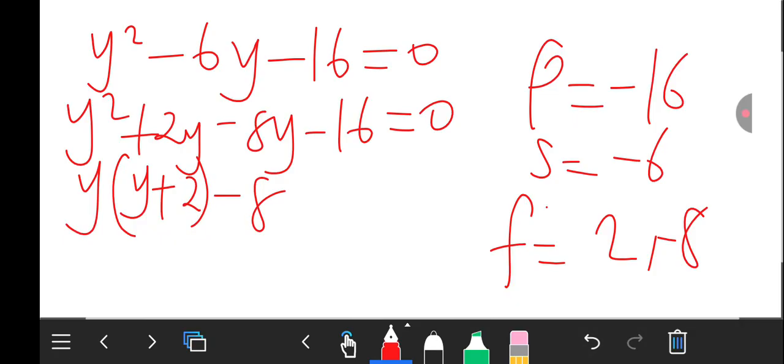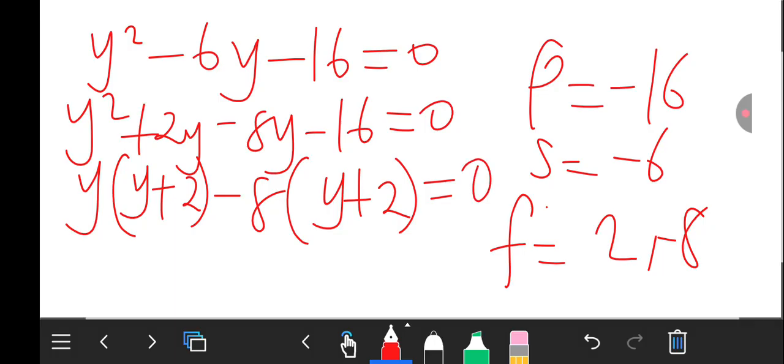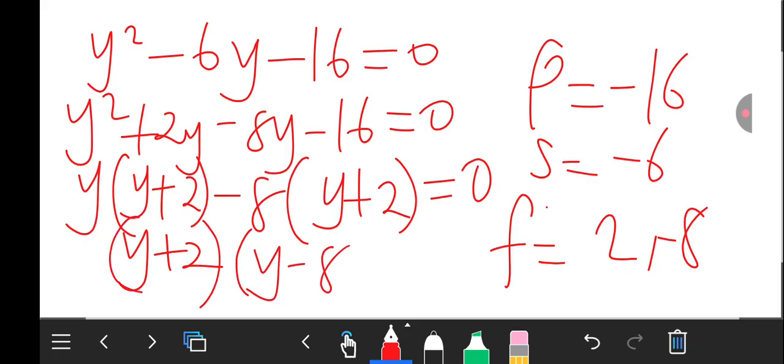Then minus 8 times y plus 2 is equal to 0. So we can say y plus 2, then also y minus 8 is equal to 0. So these are the factors.